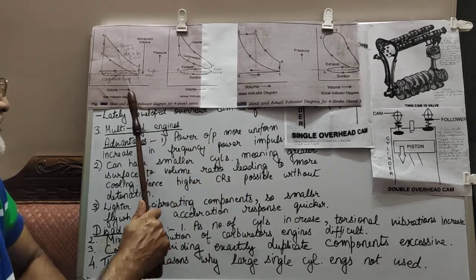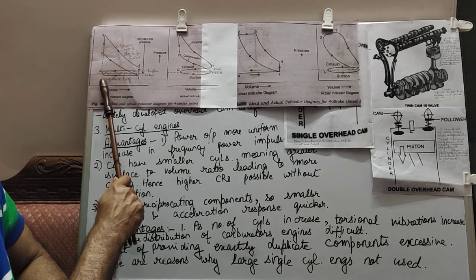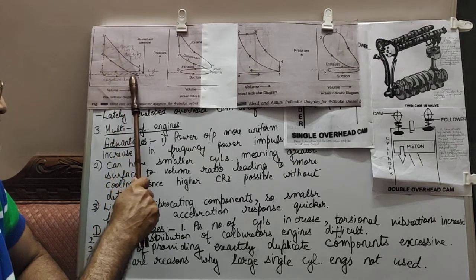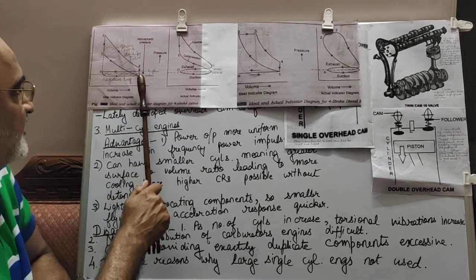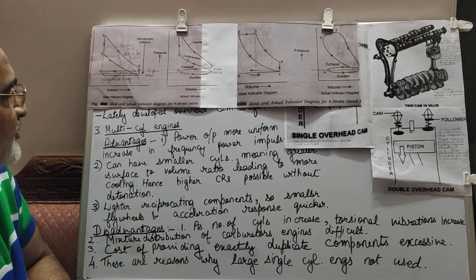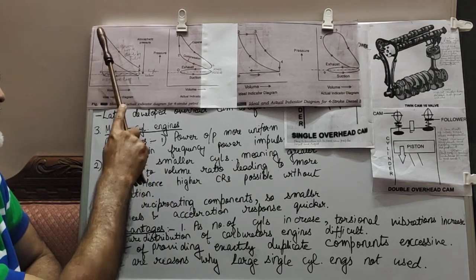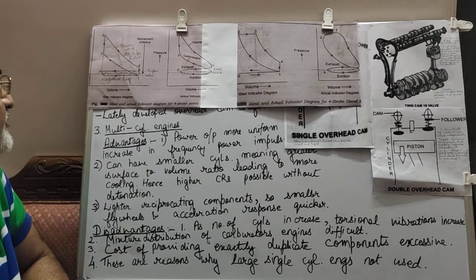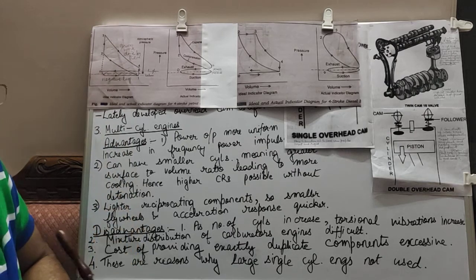Now first look at the ideal indicator diagram. 0 to 1 is the suction stroke. This is below atmospheric, as I mentioned. 1 to 2 is the compression stroke. 2 to 3 is the start of combustion. And if you notice, this is at constant volume.